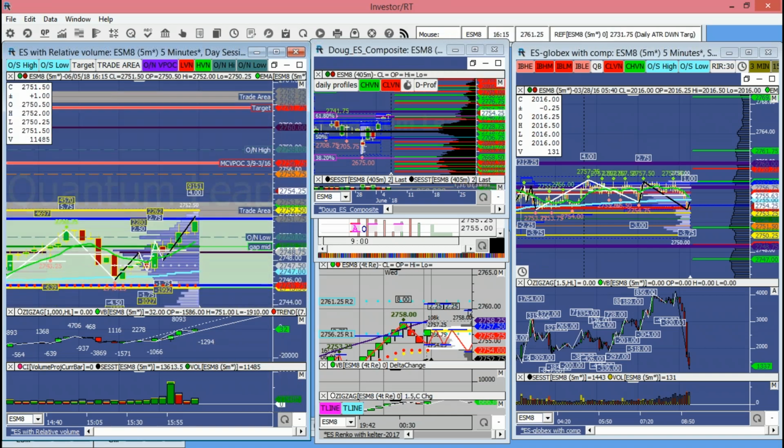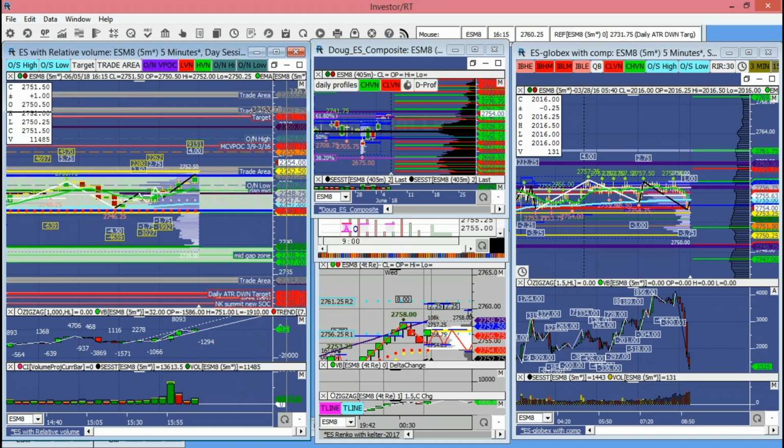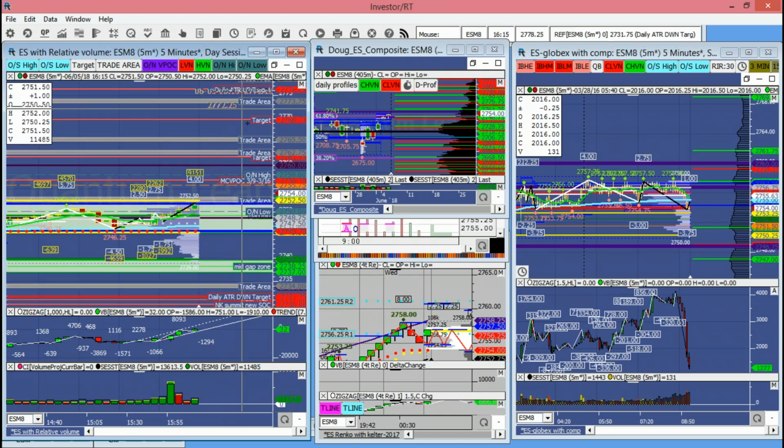Off of the overnight high of 58, our downside daily ATR target is at 31.75. Why is that important to understand? Well, right now, based on the overnight high or overnight low, we have capabilities going up to 76.25 or down to 31.75 without expanding the current average true range.